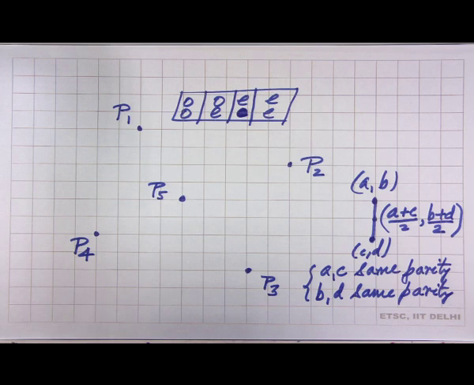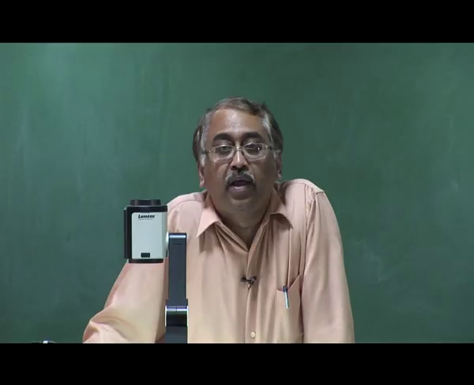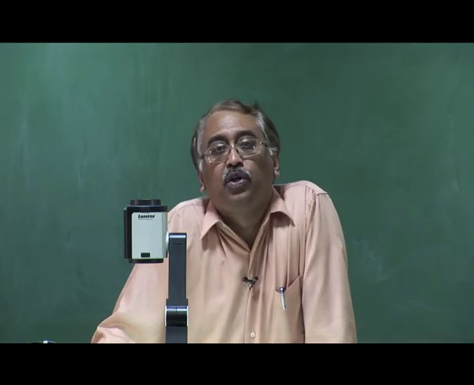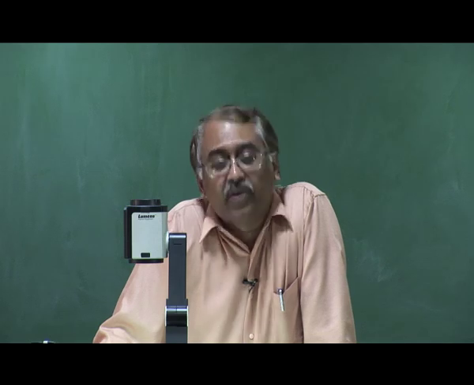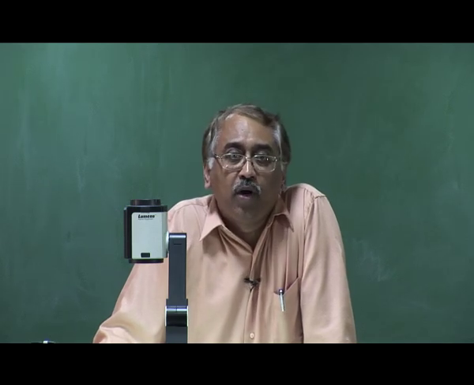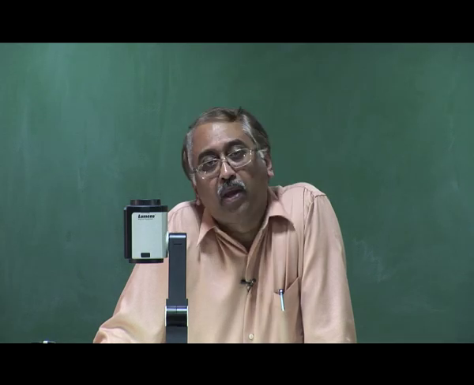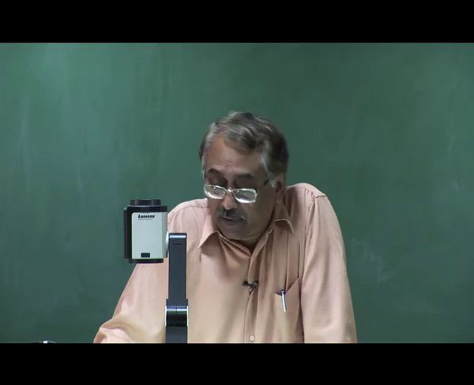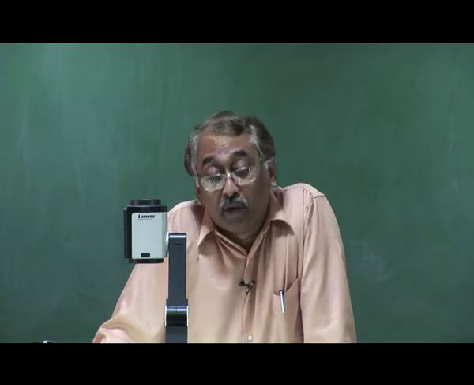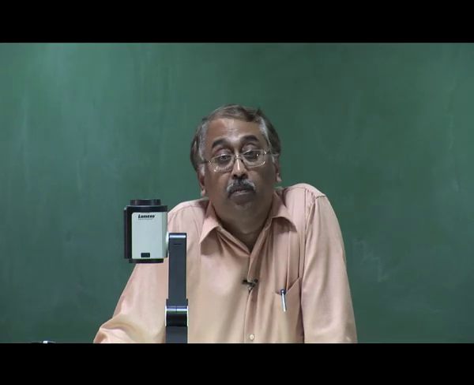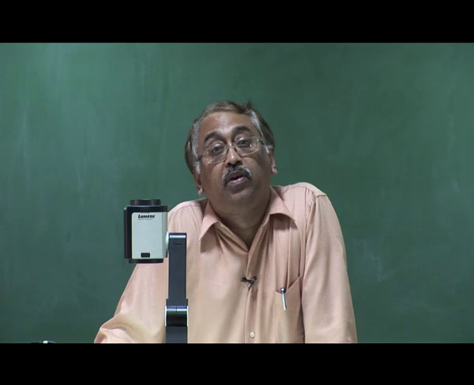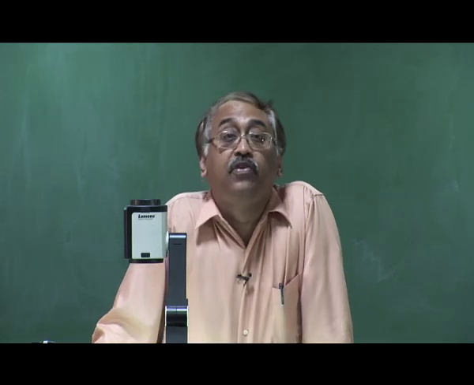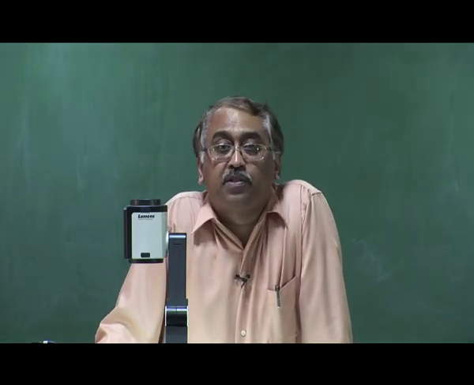Now, it's clear that each of these 5 points will go into one and only one box according to the parity of each of its coordinates. And as I said before, the pigeonhole principle takes over. 2 of these points will go into the same box. Once they get into the same box, for example, box number 2, the first coordinate is odd in both cases, the second coordinate is even in both cases, and therefore the midpoint is necessarily an integer point, is necessarily a lattice point.